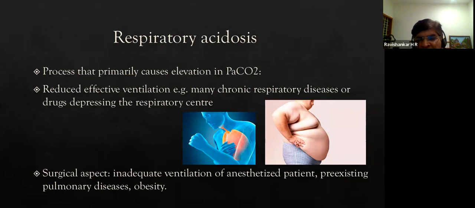Also in patients who have had anesthesia and have not come out fully of the anesthesia, who are still in respiratory paralysis, and patients who have pre-existing lung conditions, obesity, myasthenia gravis, and other musculoskeletal disorders. So you have to be careful in such patients.